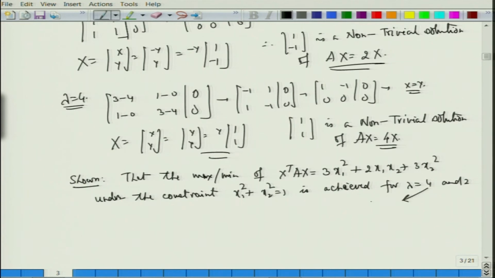This 4 corresponds to the vector (x1, x2) equal to (1, 1), and this 2 corresponds to (1, minus 1). So just plug in the values here.